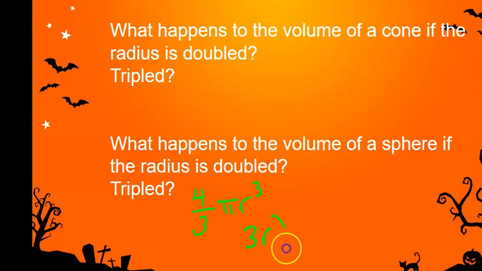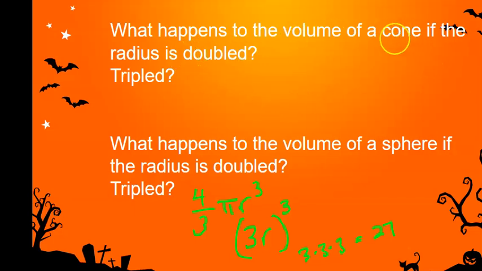Tripling the radius and then raising it to the third power, that triple would go to the third power and be 3 times 3 times 3, which is a multiple of 27. So might not seem like it, but just simply tripling the radius would multiply the volume by 27.